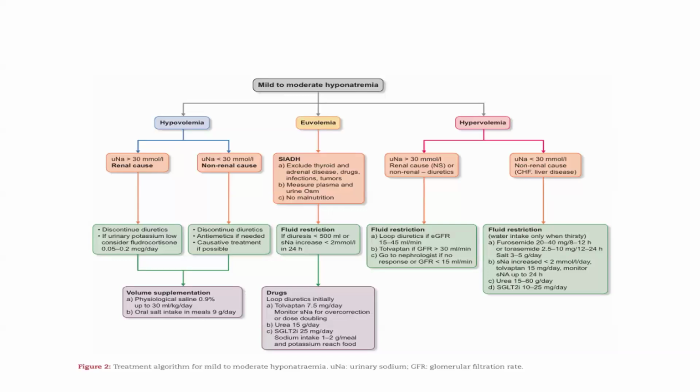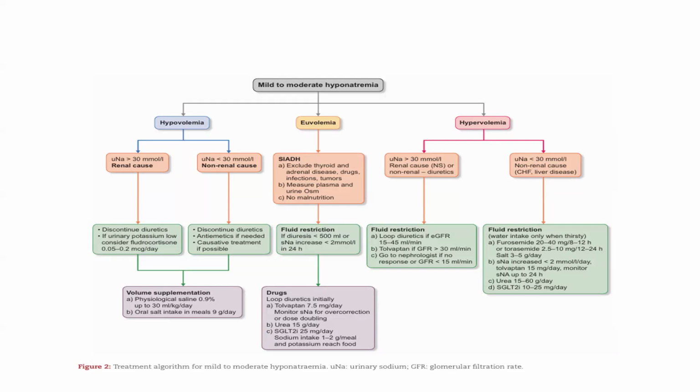In case of mild to moderate hyponatremia, as I have mentioned already, we need to calculate osmolality and we need to know the volume status of the patient, as well as serum and urinary sodium. In case of hypovolemia, if urinary sodium is more than 30, then it is a renal cause. If it is less than 30, then a non-renal cause.